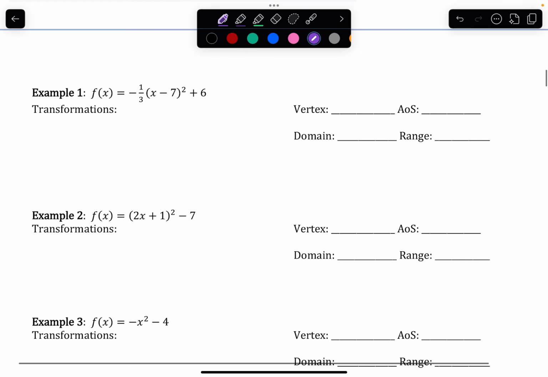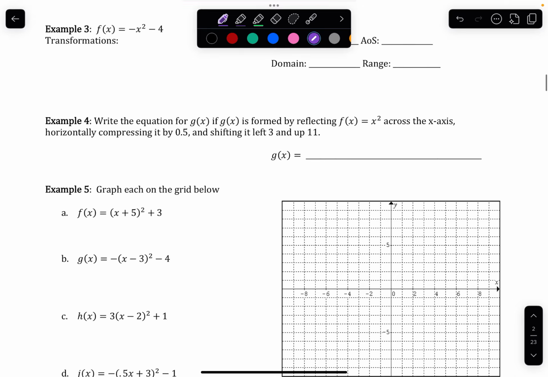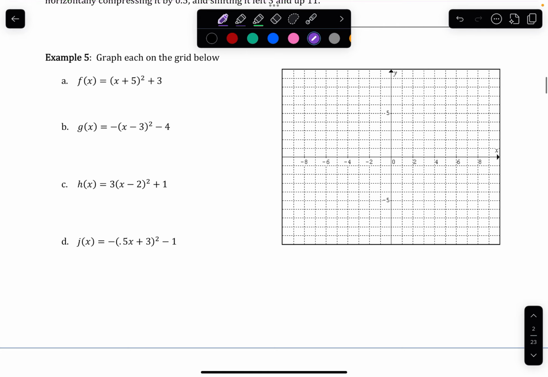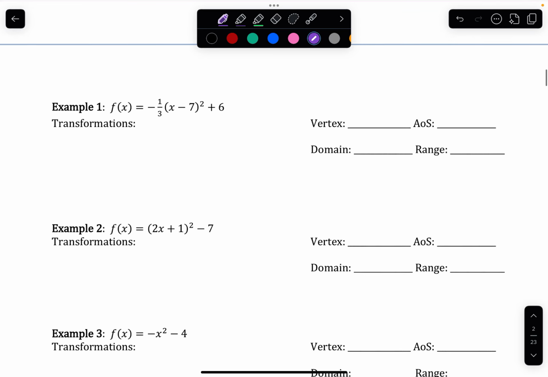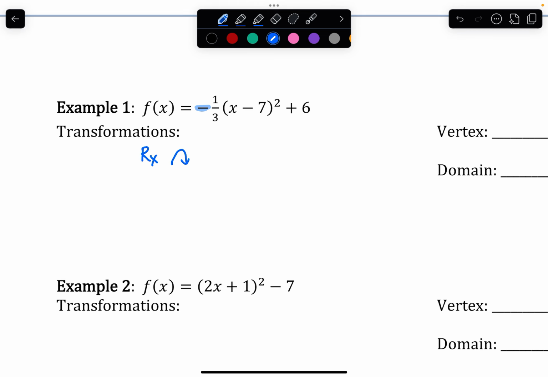Okay, and so we're going to do some examples of just identifying the transformations, and then we will graph some. Okay, so for this function, there are 4 transformations. The first one is this negative out front. That's going to be our reflection across the x-axis. So we know it's opening down.